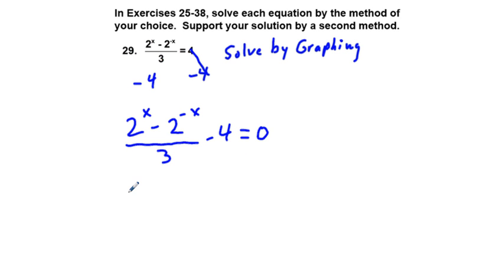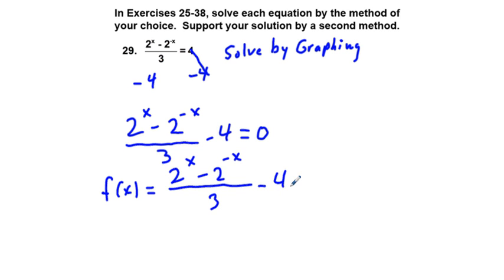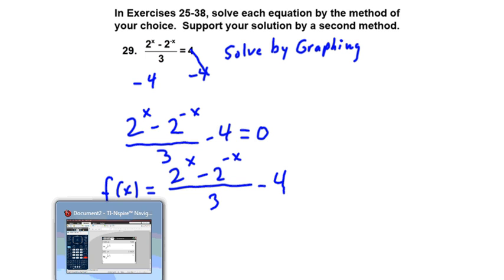So now to graph, all we have to do is take the function f of x equals 2 to the power of x minus 2 to the power of negative x over 3 minus 4. When we graph that, we see where the graph crosses or touches the x-axis. That'll be our real solution, or real solutions.